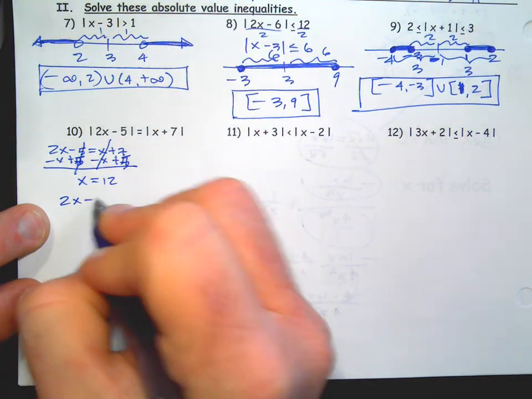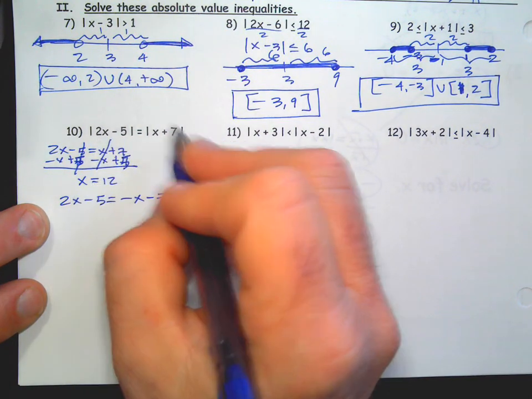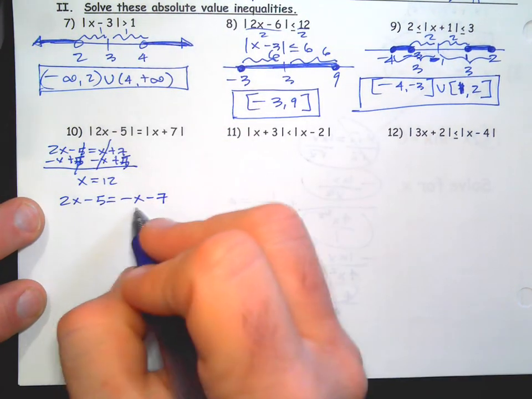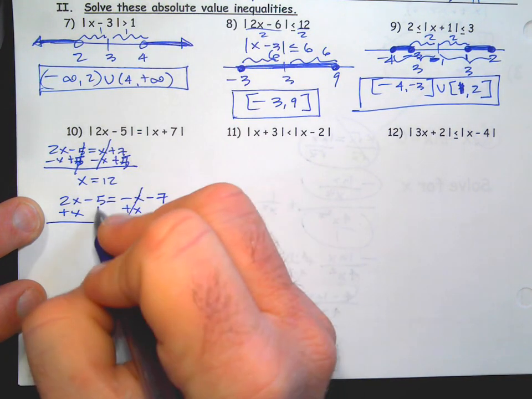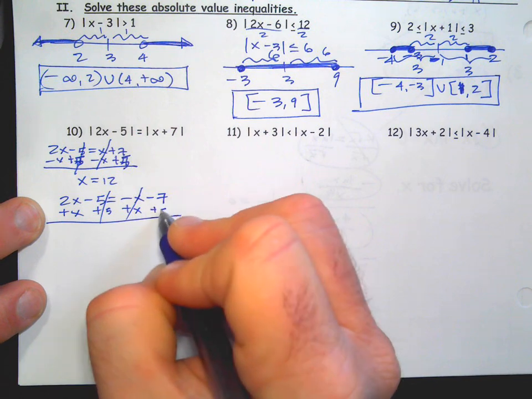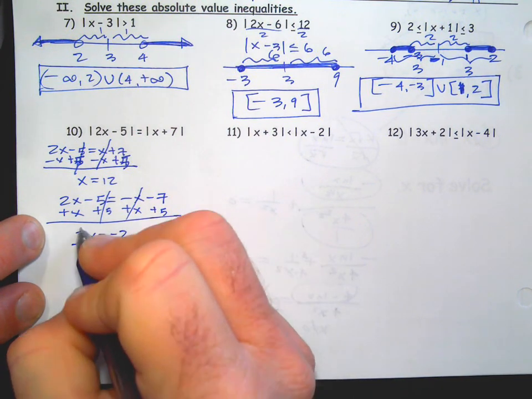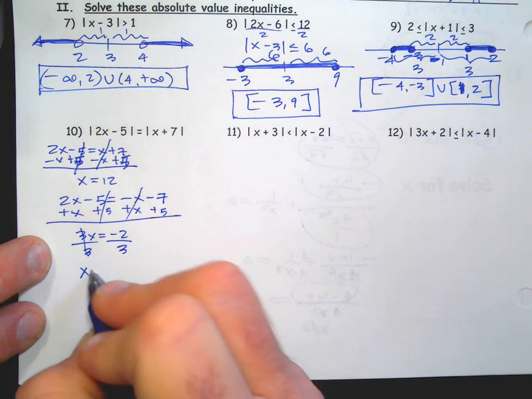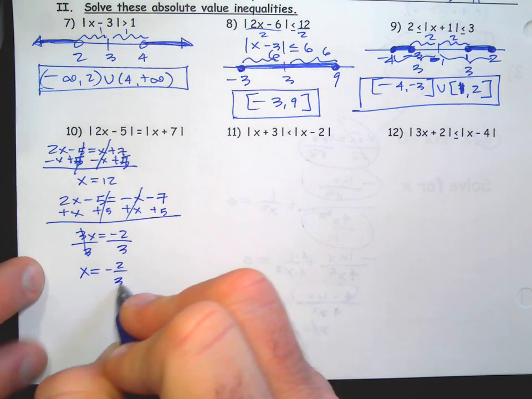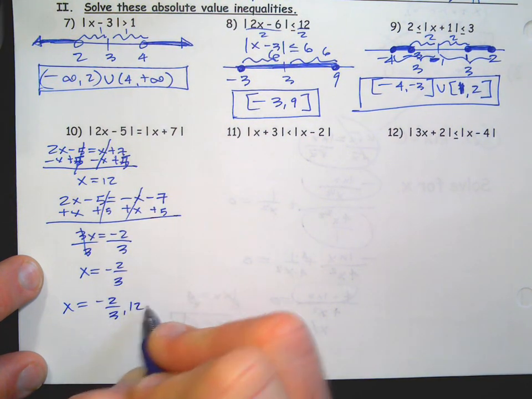And then I do the inside of one equals the negative of the other, either one. You do this equals negative that, that equals negative that. It's going to be the same thing. And solve that one. There's really just two cases. So x equals negative 2/3. So the answers are x equals negative 2/3 and 12.